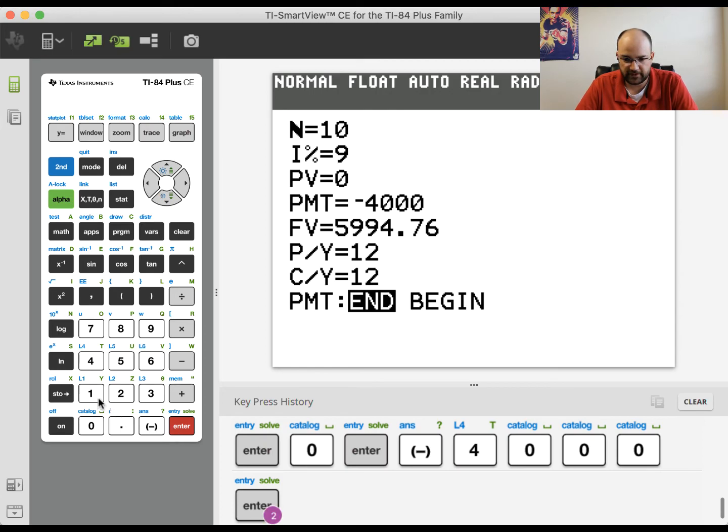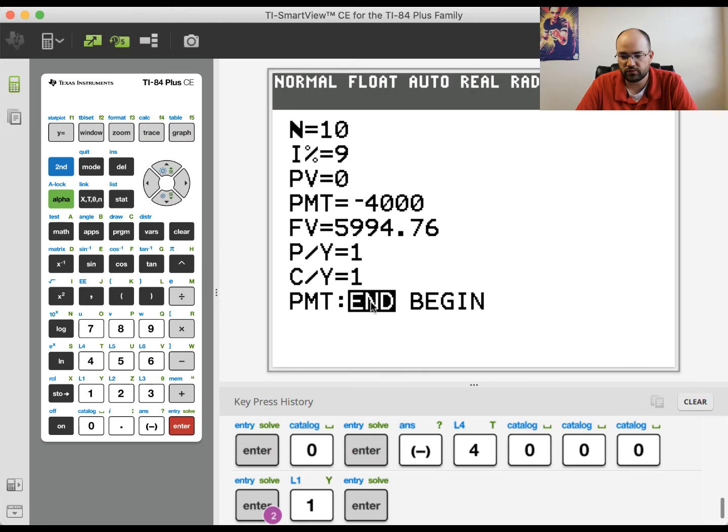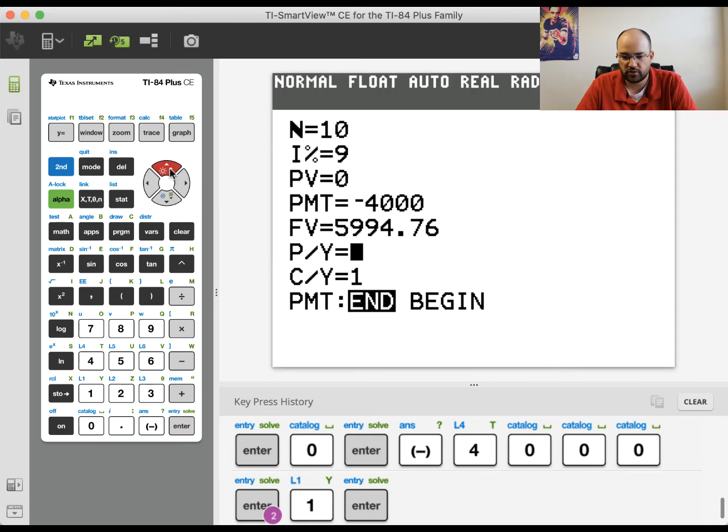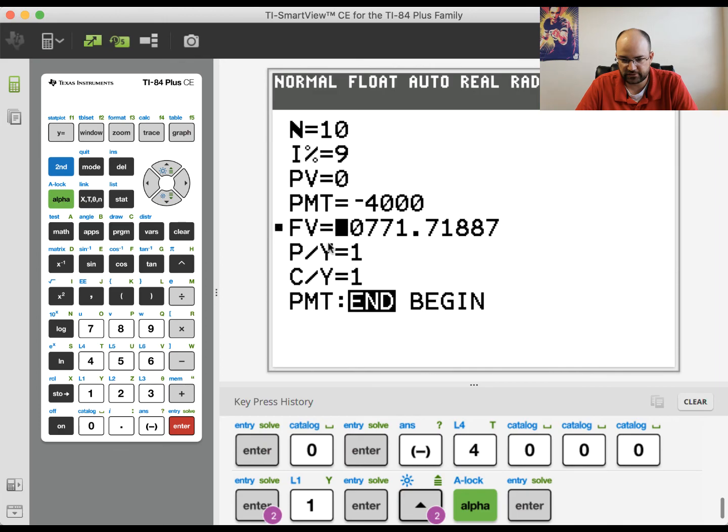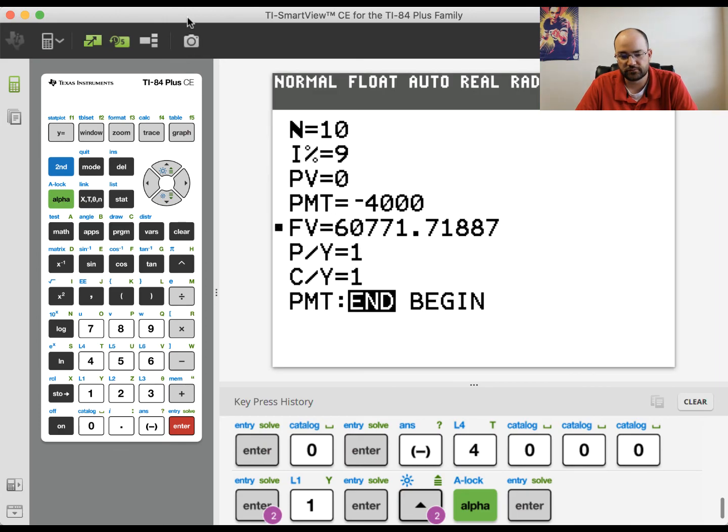We'll come back to the future value. Payments per year is 1, so that means compounding events per year is 1, and we're at end. So go back up here to future value and do alpha enter. And notice it does that little square next to it, and that's the exact same number that we got from the formula. So frankly, much easier and easier to see that we don't mess up.